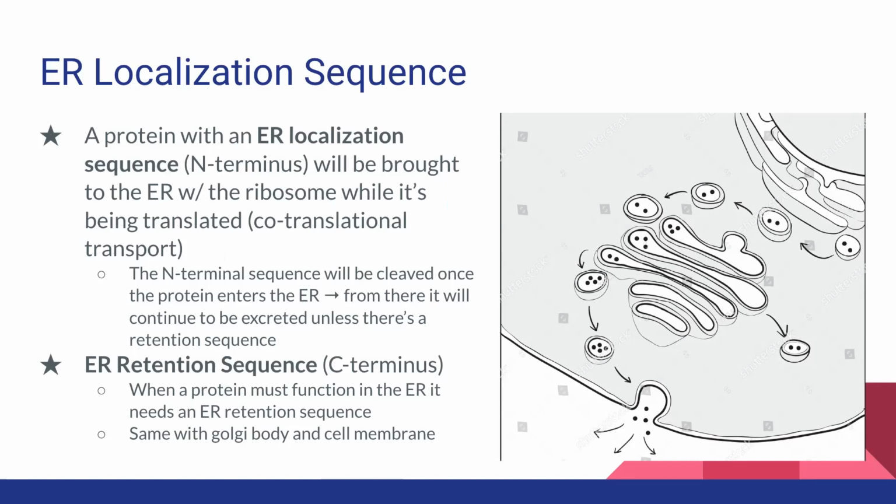Every protein that's either being secreted or ends up in the endomembrane system anywhere will have an ER localization sequence. But in order to stay within the endomembrane system, it also has to have a retention sequence. So that's where you're going to see the variation, if that makes sense. What I'm saying is, do the Golgi bodies and cell membranes have their own specific retention sequences? Yes. Gotcha, thank you. That's what I thought.